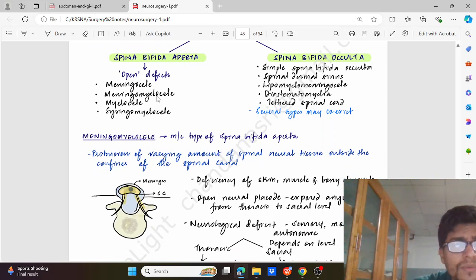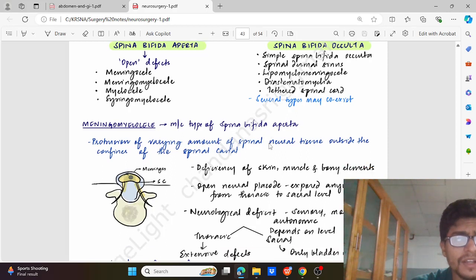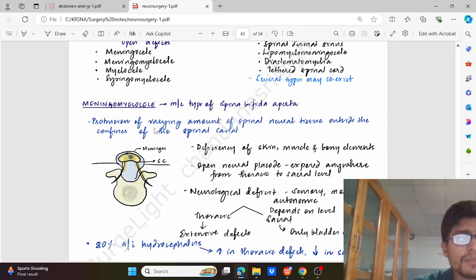Now coming to some of these one by one, that is meningomyelocele, which is the most common type of spina bifida aperta. Here there is protrusion of a varying amount of spinal neural tissue outside the spinal canal.